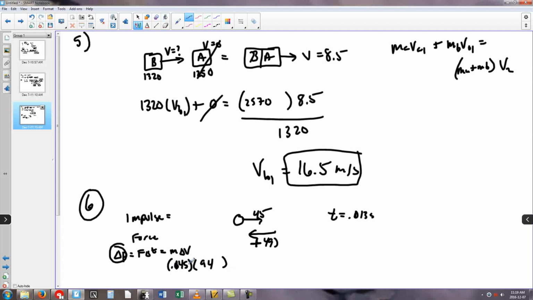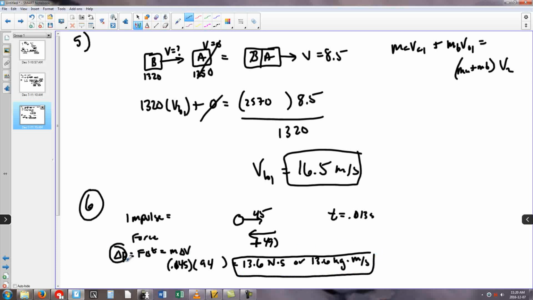And so if we multiply the two of these together, our impulse will turn out to be 13.6. Now, you can put impulse as newtons times seconds, or 13.6, and talk about it in terms of the change in momentum, which would be mass kilograms times meters per second. That is our impulse.